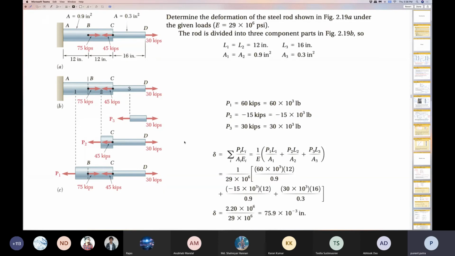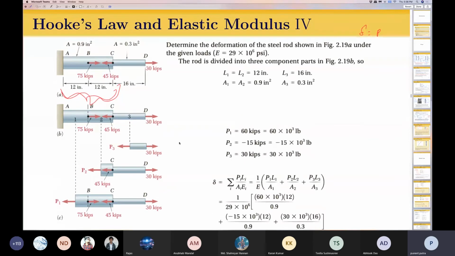Not only that, for the part ABC, which has a constant cross section, I do not have a uniform axial force. So the expression delta equal to PL over AE is going to hold true across a cross section only if the force P remains uniform, the same across the cross section, and the area of the cross section does not change.